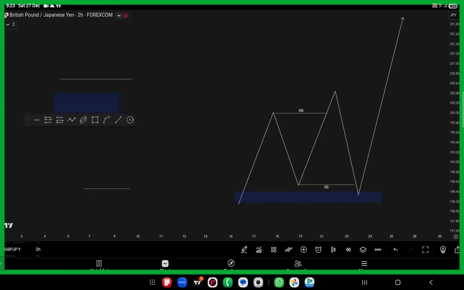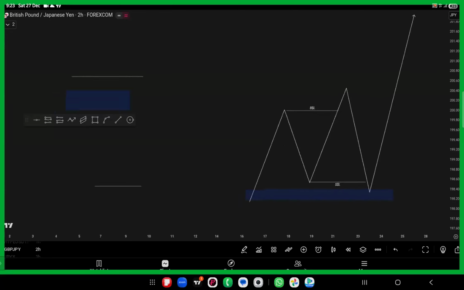This tool is used by the smart money guys to make retail traders go the other way, just because they want to fill their orders. Take for instance, if the market was supposed to buy, and we all know the market is going to buy, but because of a move made by the smart money guys, retail traders think the market is not going to buy anymore, that it's going to sell.